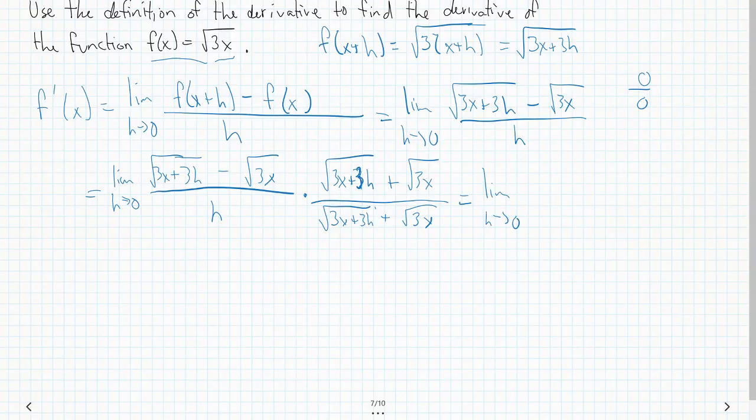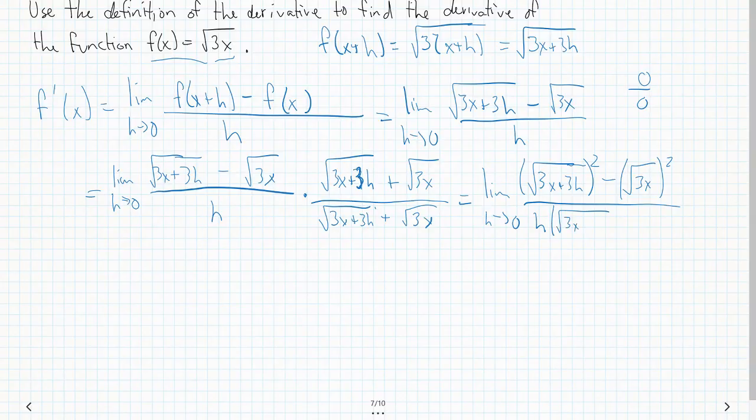So the limit as h approaches 0. Notice when we square, well, here I'll actually write out the extra step. Once again, the square root of 3x plus 3h, the quantity squared, minus the square root of 3x, the quantity squared, all over h times the square root of 3x plus 3h plus the square root of 3x.